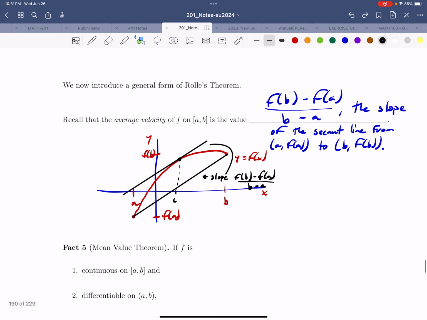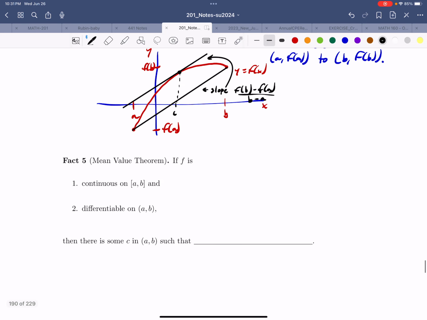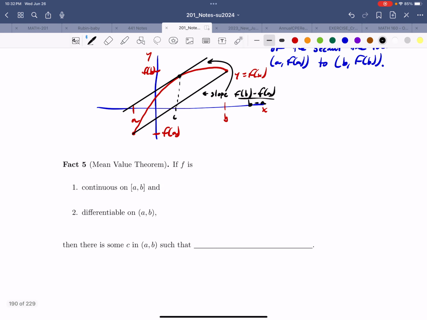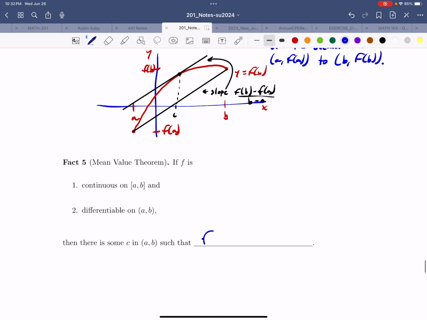So the mean value theorem says if f is continuous on the closed interval a to b, differentiable in the open interval a to b, but we don't need to assume that f of a equals f of b, then there's some c in the open interval such that f prime of c equals the slope of the secant line. In other words, there's some value c where the instantaneous velocity of f at c equals the average velocity on a to b.